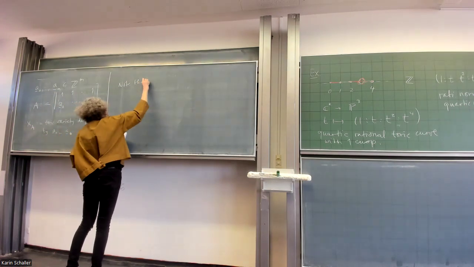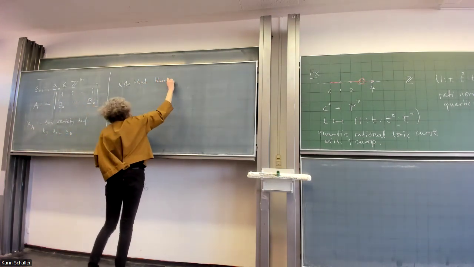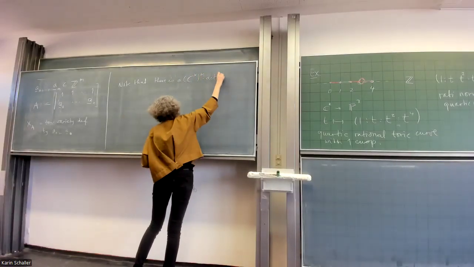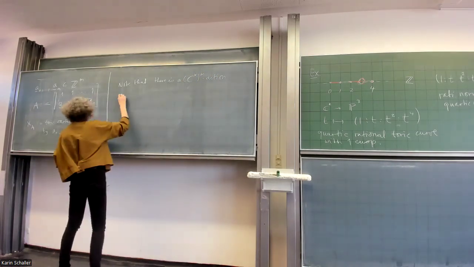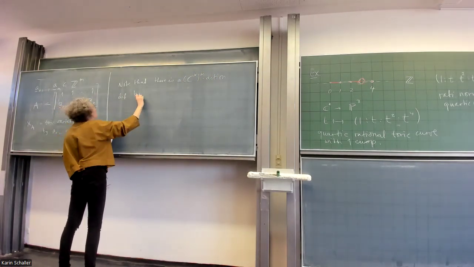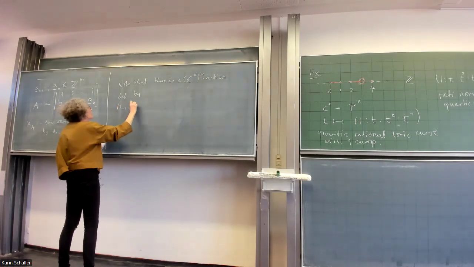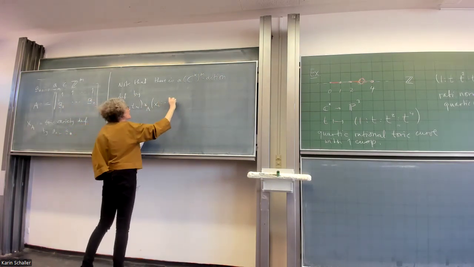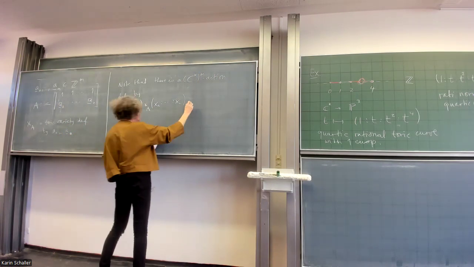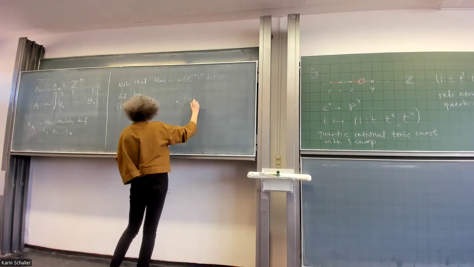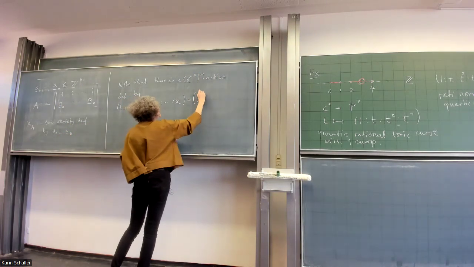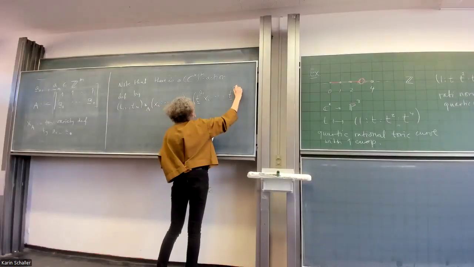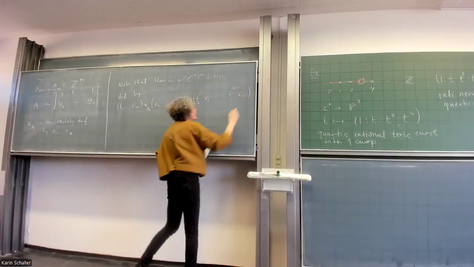Note that there is a (C star)^n action actually on Pn, defined by sending X1 through Xn to T^A0 X0 through T^An Xn.